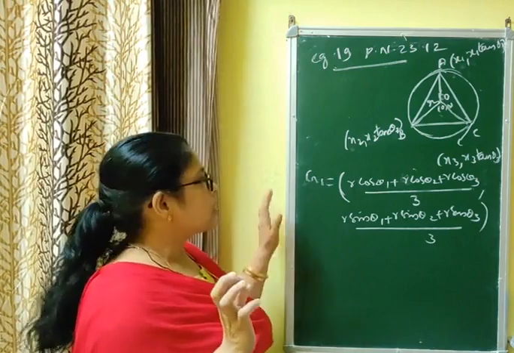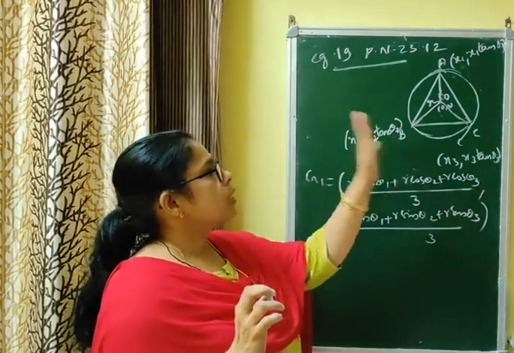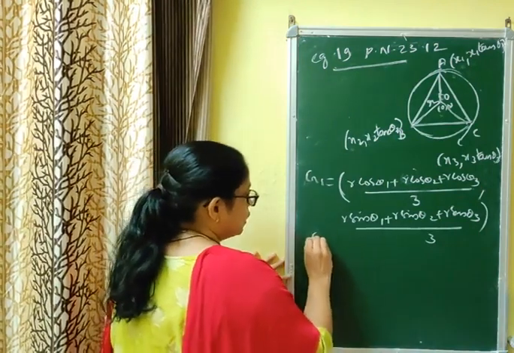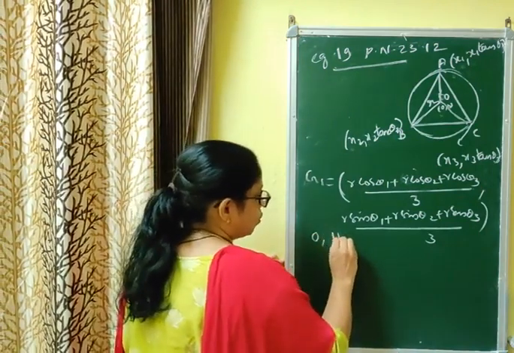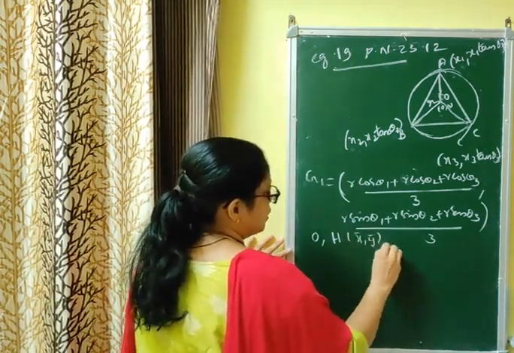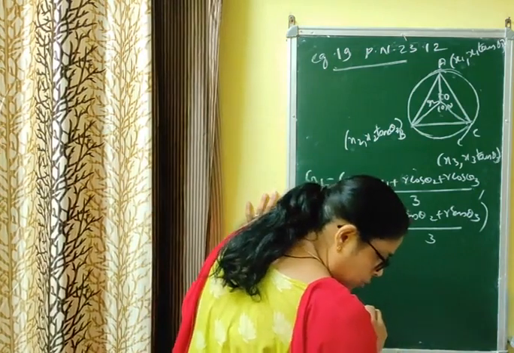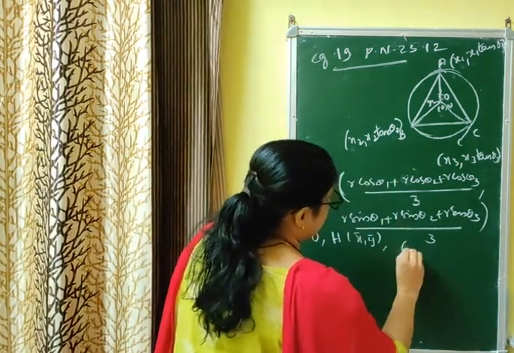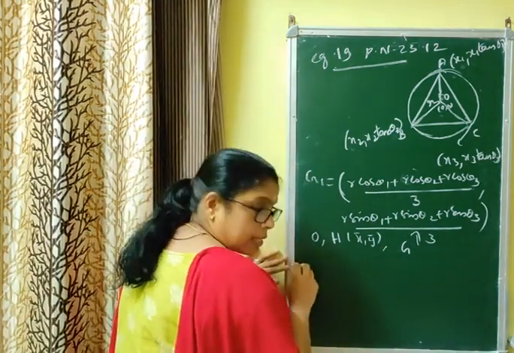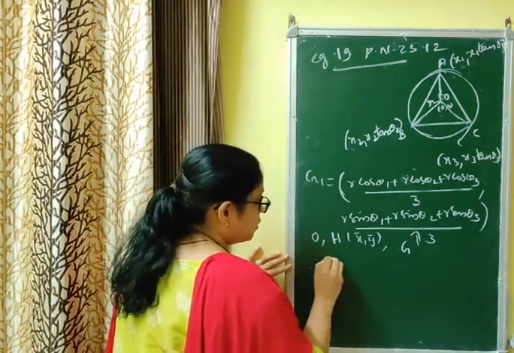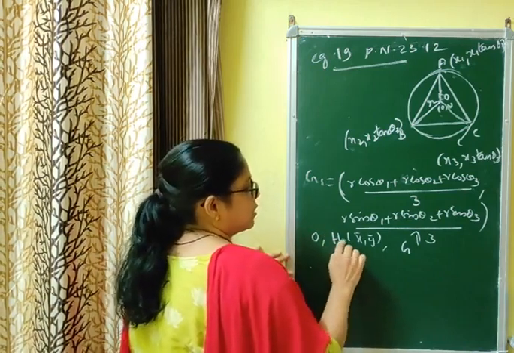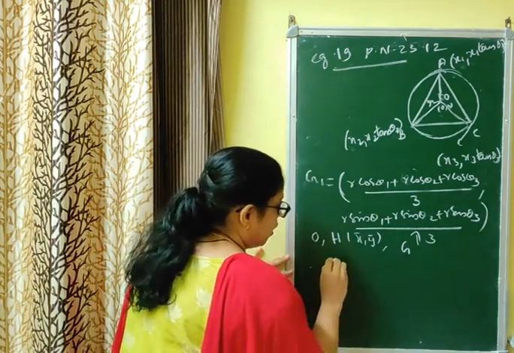For any triangle, the centroid, orthocenter and circumcenter will be collinear. The origin is the circumcenter, the orthocenter is given as H (x bar, y bar), and the centroid is given as this one. That means these are all on the same line, so they are collinear points.